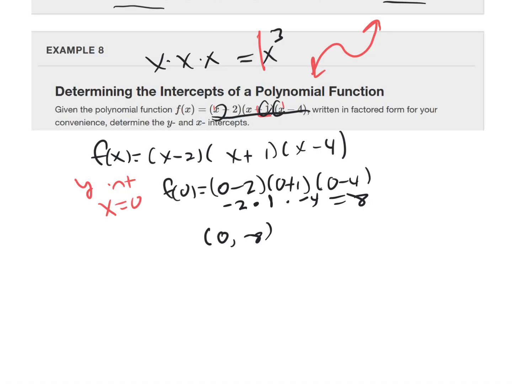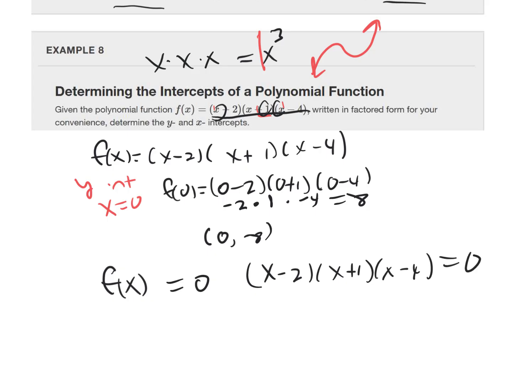X-intercepts. Well, thank goodness this thing's already factored, because now it's easy to solve, because we're taking f of x, setting it equal to 0. That means x minus 2 times x plus 1 times x minus 4 is set equal to 0.